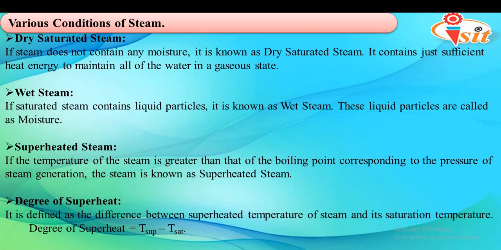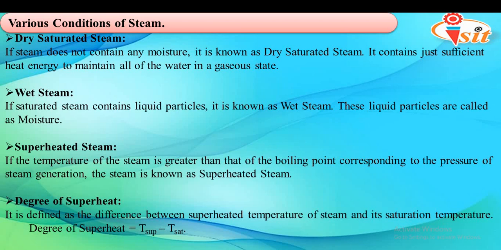Just for example, suppose the steam is superheated. We know the boiling temperature of water at normal, that is atmospheric, pressure is 100 degrees Celsius. At 100 degrees Celsius we have 100% steam, which we can call saturated steam or dry saturated steam.